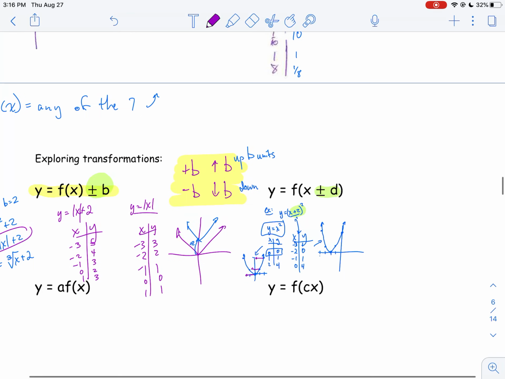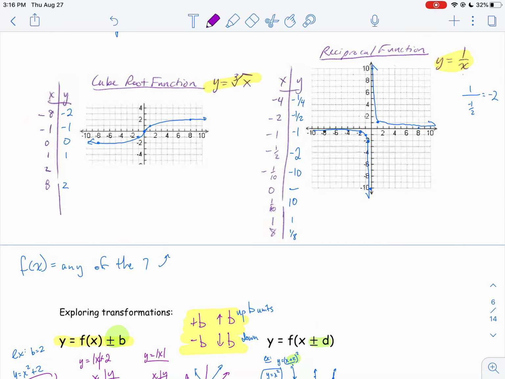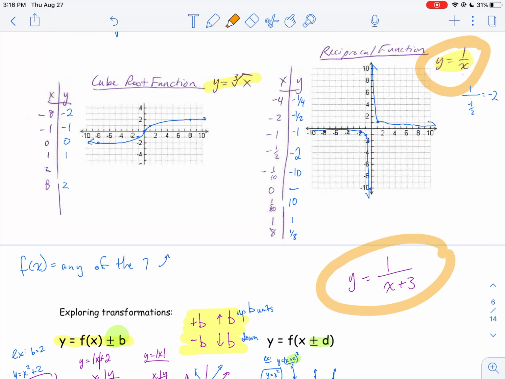And so when you look at an equation, let's do this equation, the reciprocal one. Y equals 1 over x plus 3. You hopefully are seeing, hey, I see the reciprocal function in disguise, right? What's happening to this reciprocal function?